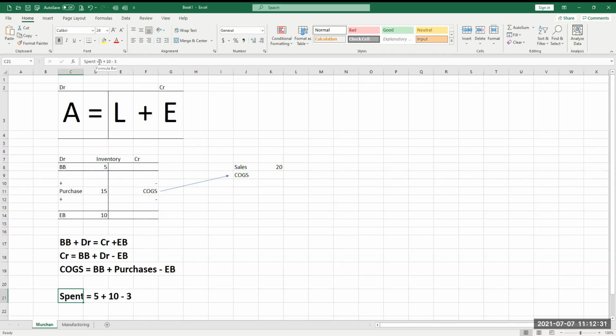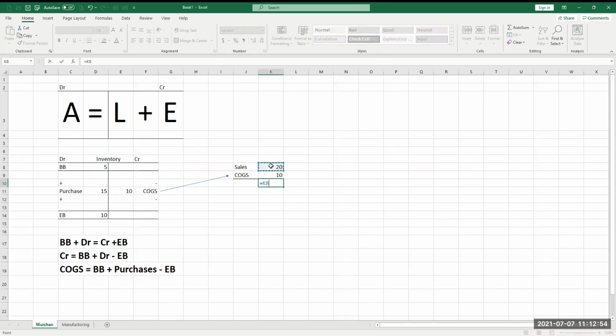Tell me quickly. 5 plus 15, minus 10. Okay, so 10 coming here. So that's one way to show it: 20 minus 10, that will be my gross margin. Correct?